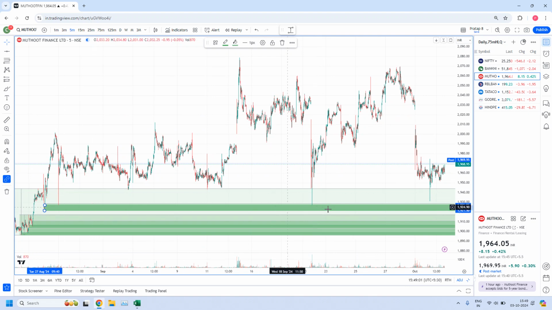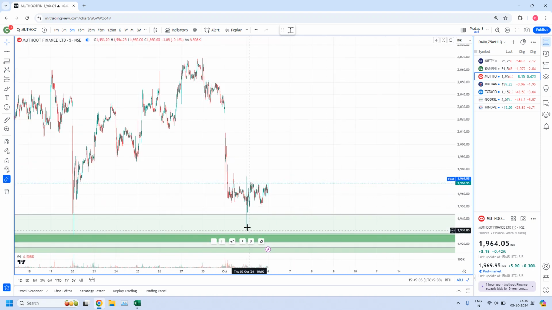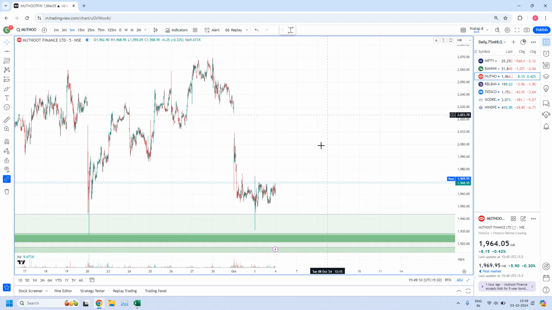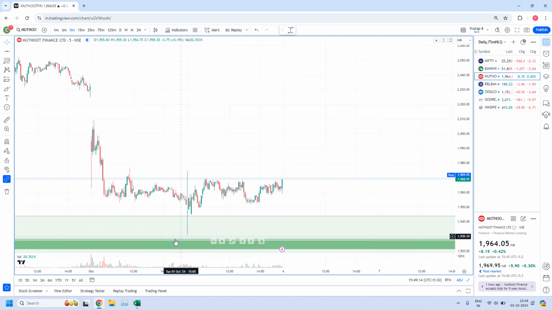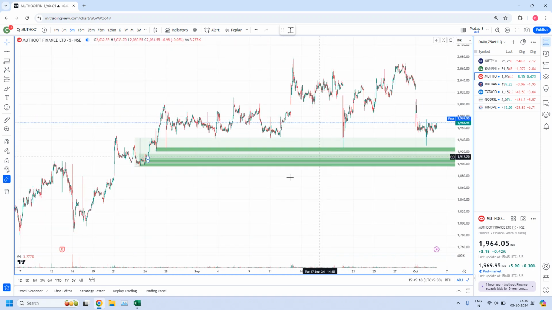That means other people also recognized these rejections, and that's why they are very clever, placing the orders well before that. But I don't know how they are managing the risk. Maybe without risk management they blindly kept, or they used some other approaches. That could be a different story. But as demand and supply zone traders, we always respect risk management.